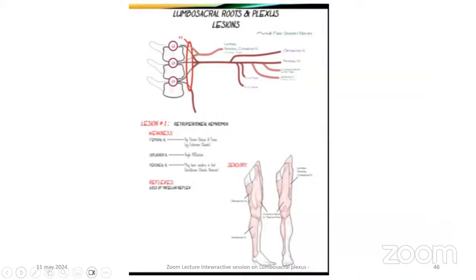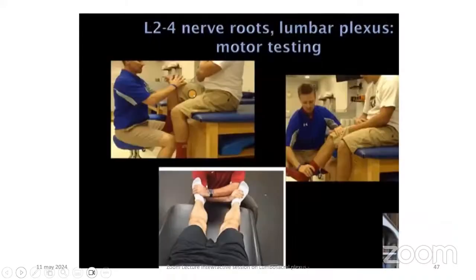We'll switch gears. Now let us look at the L2-4 nerve roots, lumbar plexus, and motor testing. This is the hip flexion being tested, which is by the iliopsoas muscle, mostly L2, L3, that is the femoral nerve function. And you can see the extension of the knee.